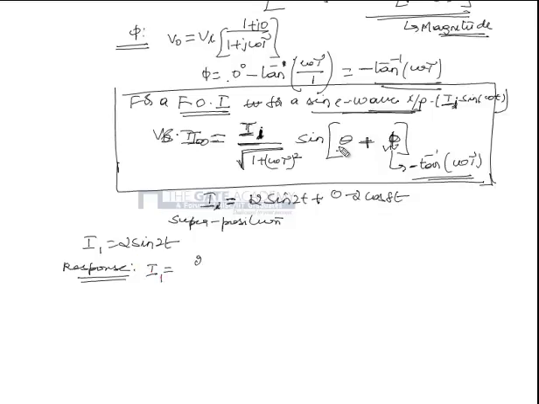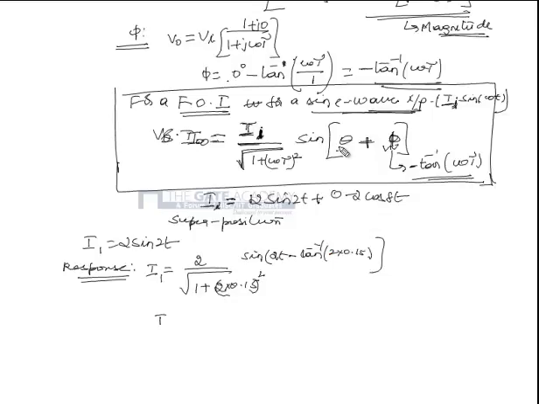The response will be I1 equal to 2 by the square root of 1 plus (omega tau) whole squared, where omega is 2 and the time constant of the circuit is 0.15, into sin of 2t minus tan inverse of omega times 0.15.